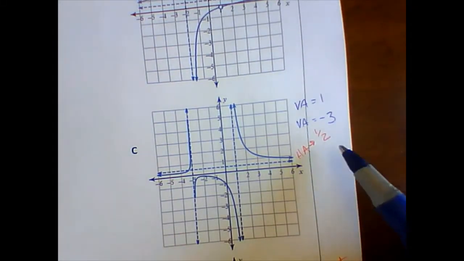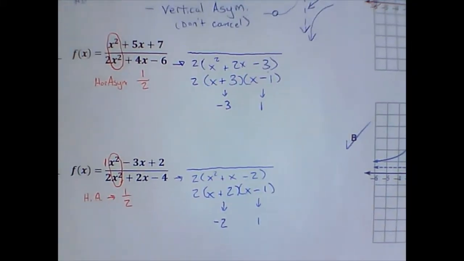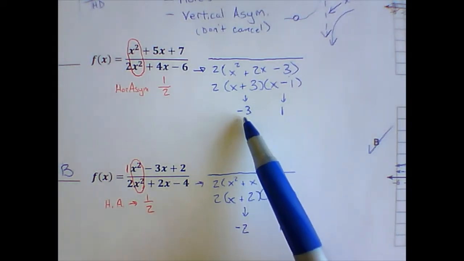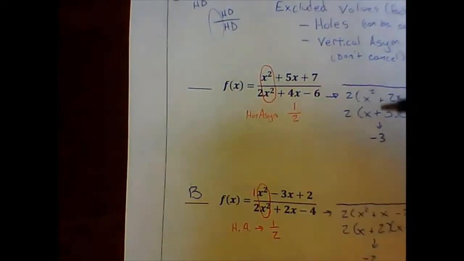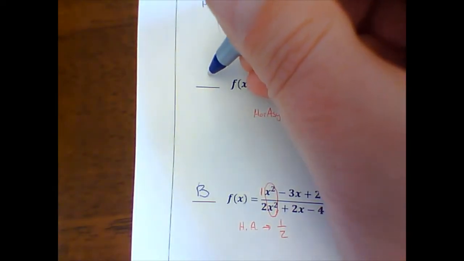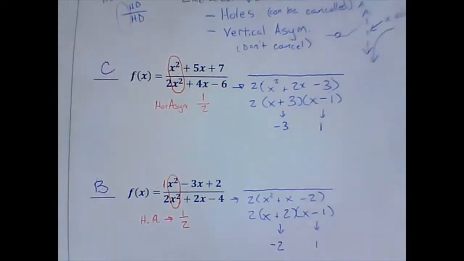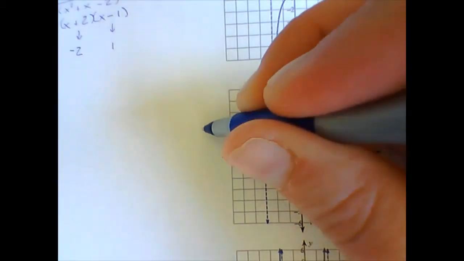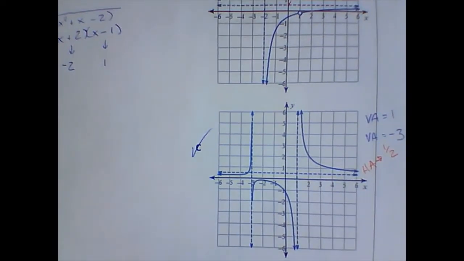Yep, 1/2 horizontal, vertical asymptote at 1, vertical asymptote at negative 3. Now, we didn't know that's what was happening in the function, but we did figure out that something is happening. So, yeah, we got it. All right, looks good. Okay, and that is how you play matching with functions and graphs.